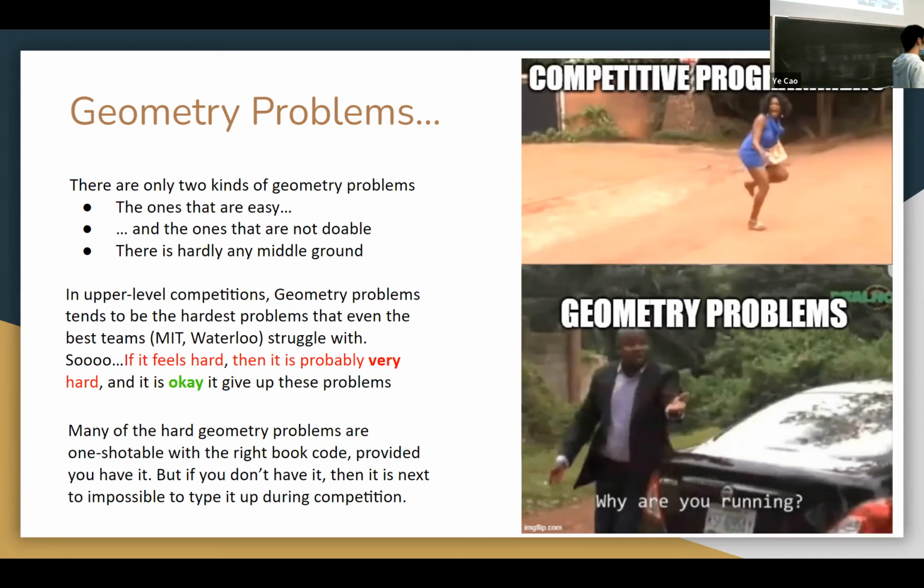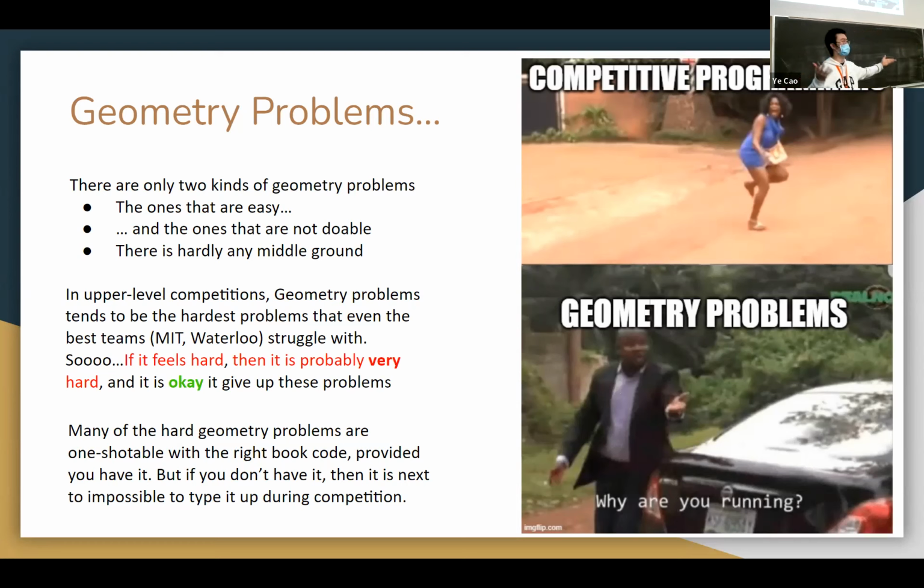Another comment on geometry problems is if you have the right book code. That's why I emphasize book code so often. If you have the right book code for a specific geometry problem model, the problem is usually one-shotable. Just copy paste your book code, do some input and output, boom, you're done.